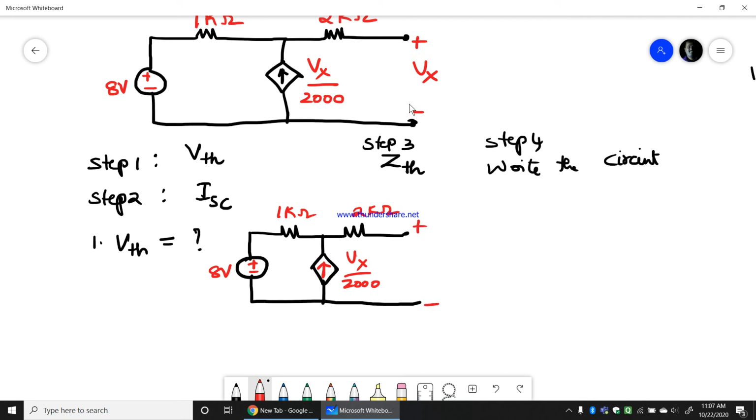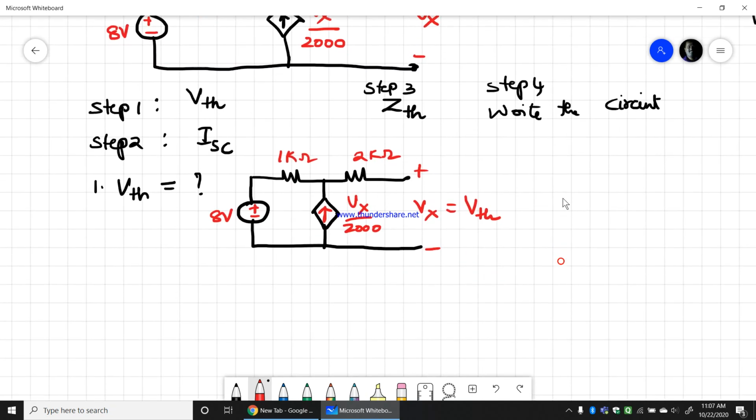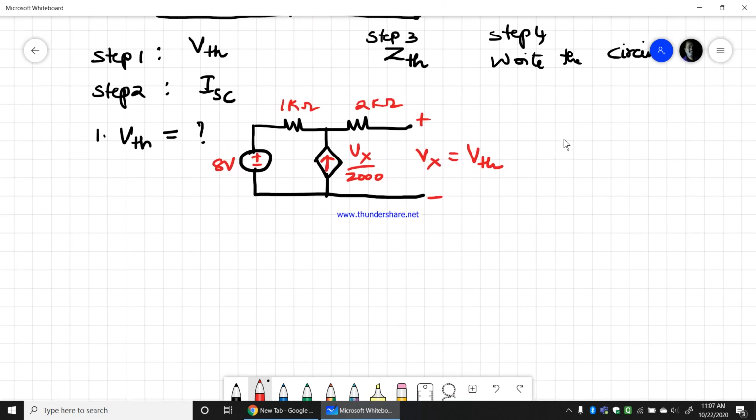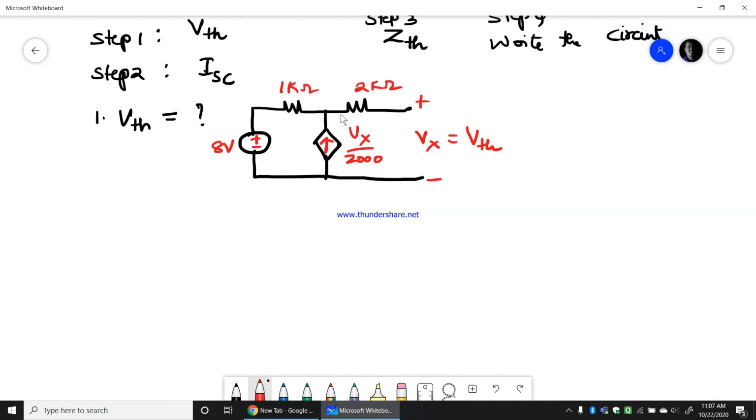This is the load terminal where Vx is also given, which is nothing but VTH, open terminal. Now this is a dependent source, you can't short it. While finding out ZTH, you can only short the independent voltage source, but not the current source. You cannot open this, as it is dependent on Vx. That is the reason we are doing these steps now.